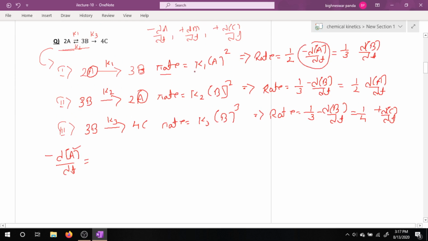Here rate is equal to k1[A]^2, and rate is equal to half into minus dA by dt. I have to calculate the value of minus dA by dt from these two rates, so minus dA by dt is equal to 2k1[A]^2 minus 2k2[B]^3, since for the reverse reaction dA by dt is positive but I have to calculate minus.